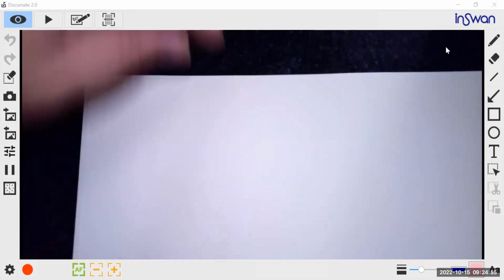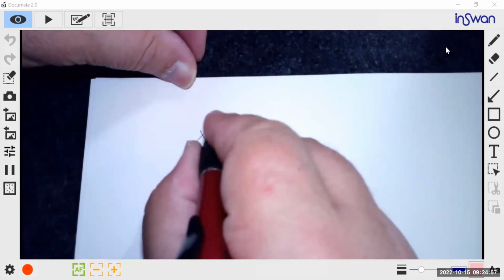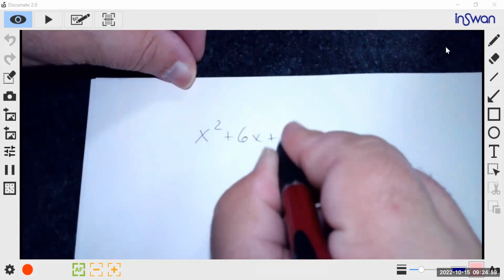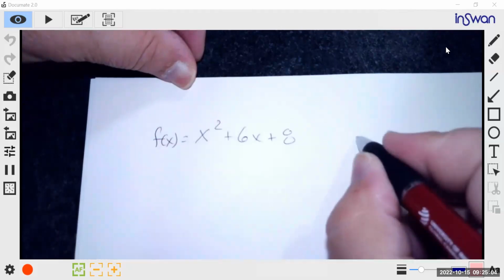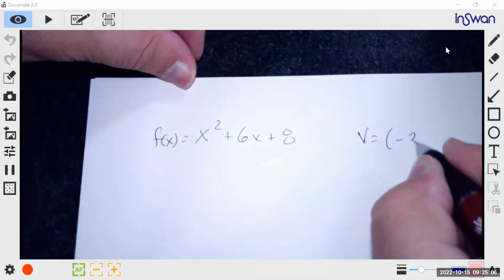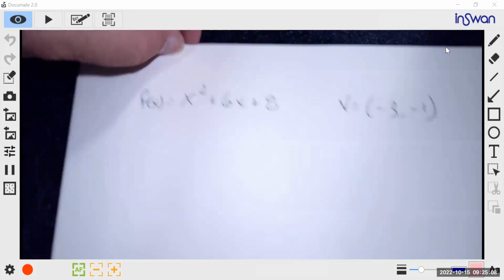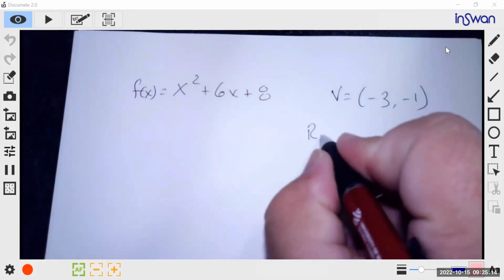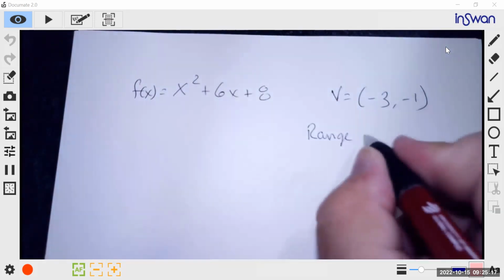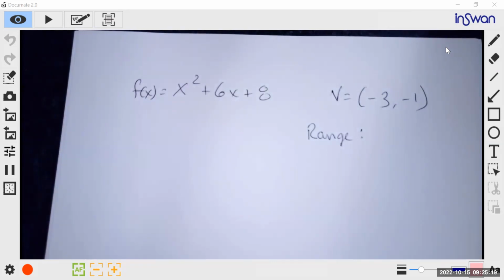So let's look at our original equation, x squared plus 6x plus 8. And our vertex was at -3, -1. What's the range of my answers?